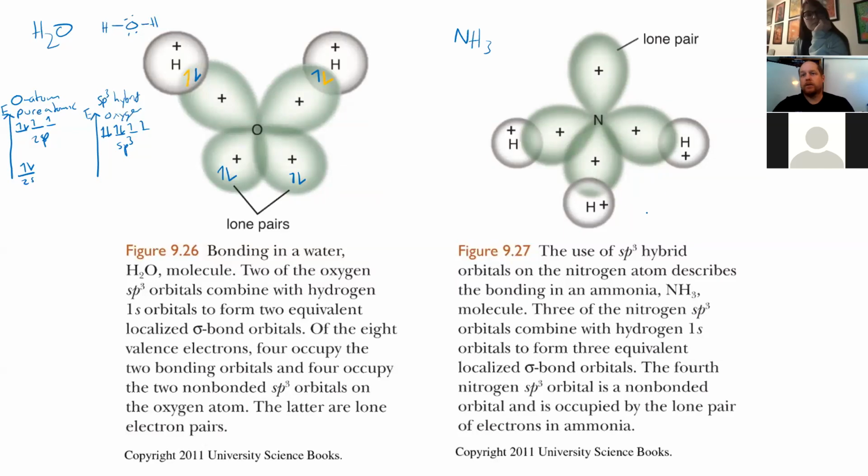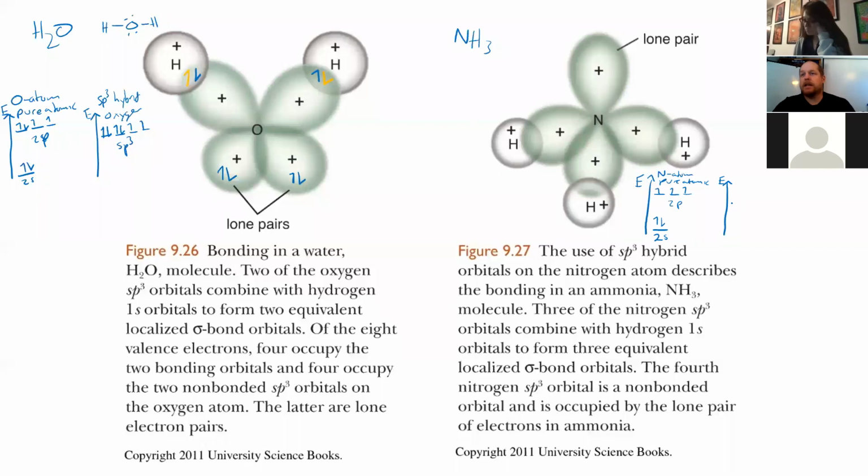If we do the same thing for ammonia, we can look at the orbitals where we have an energy diagram for the nitrogen atom, and its pure atomic orbitals. Again, we're still talking about the second period, so 2s and 2p orbitals with a total of 5 valence electrons. So 2 in the 2s and 3 in the 2p. But the ammonia molecule has this tetrahedral electron geometry, and a trigonal pyramidal shape.